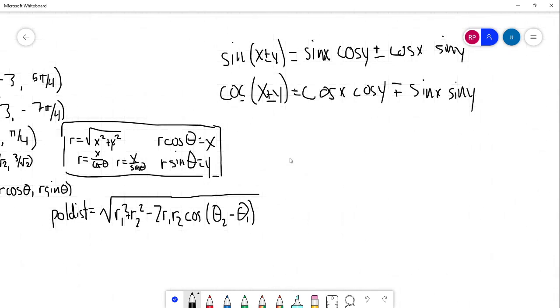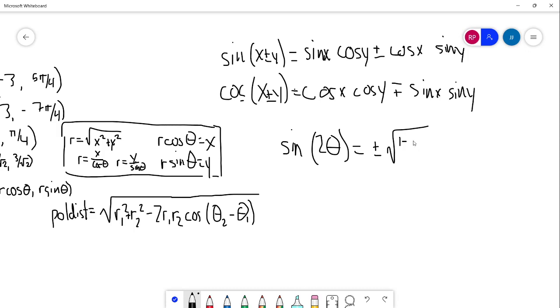We also might need the double angles. Here, I don't actually remember these off the top of my head. So it's like sine of theta over 2 equals plus or minus square root of, and is it 1 minus, here, remind me what this is again.